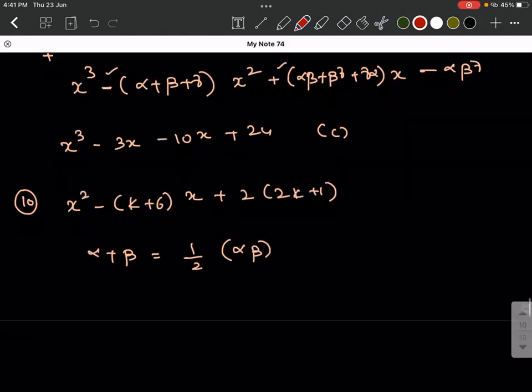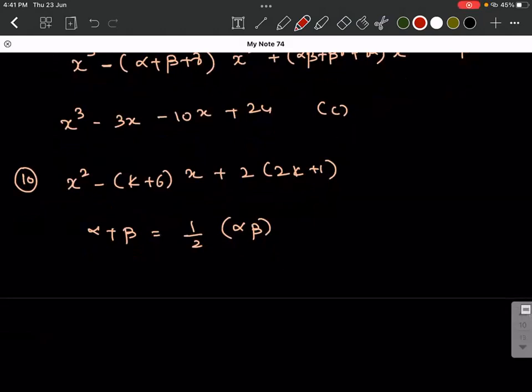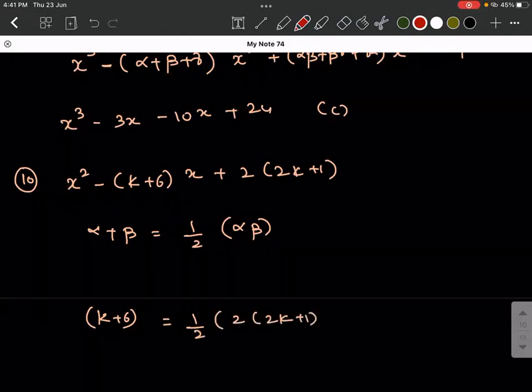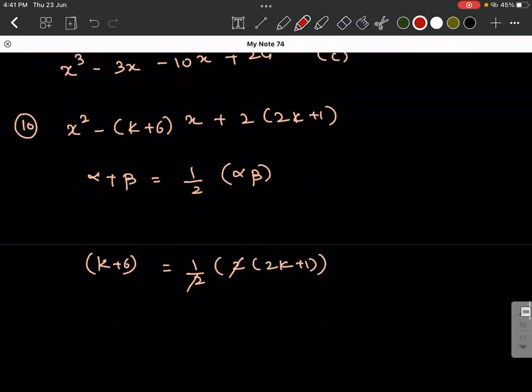So alpha plus beta is k plus 6, minus b by a, correct? That is equal to half into alpha beta, which is 2 into 2k plus 1. So 2 and 2 will get cancelled. k plus 6 will be equal to 2k plus 1, which implies k is equal to 5.